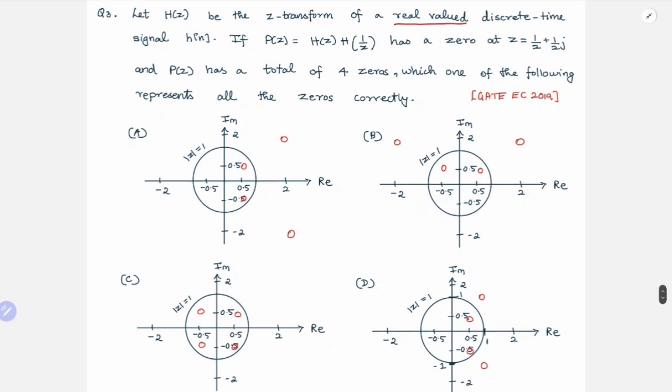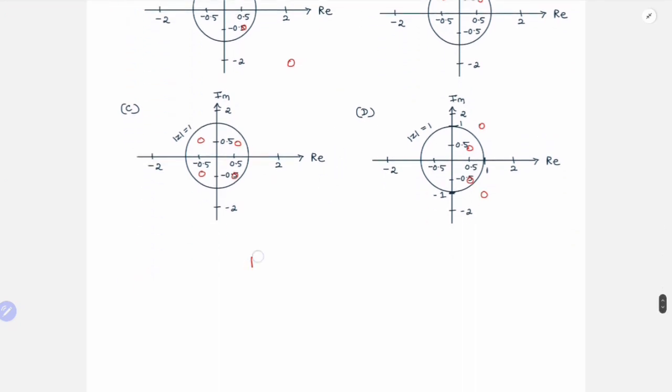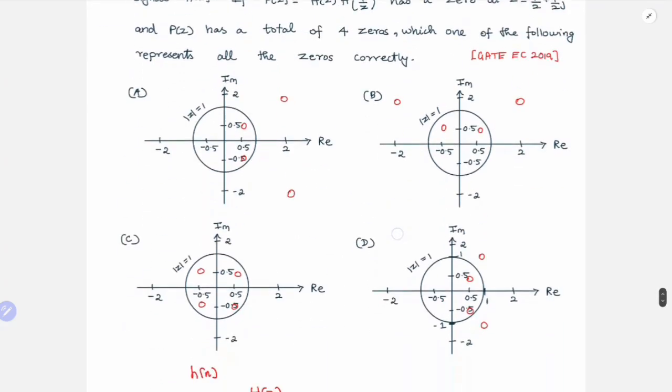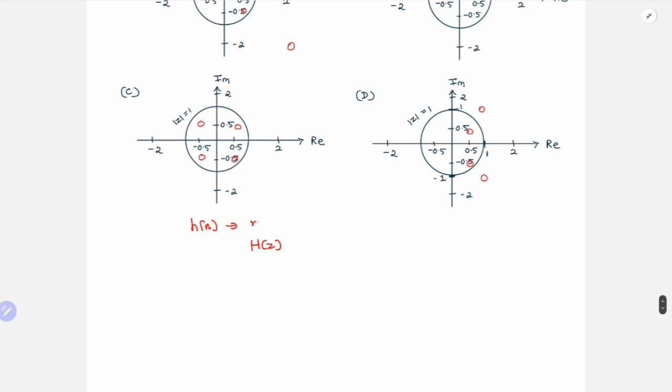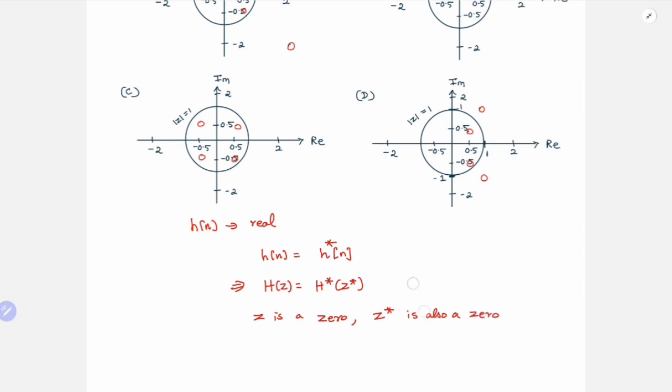Before seeing this, let us try to write your H of z. h of n is real, right? A real valued discrete time signal h of n. Which means that your h of n is equal to the conjugate of h of n. This implies that your H of z is equal to H conjugate of z conjugate. So if z is a zero, your z conjugate is also a zero of this function.